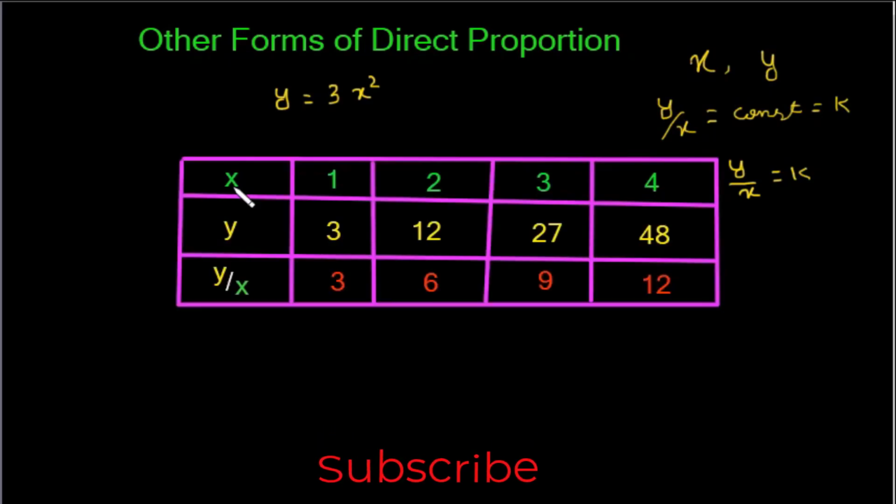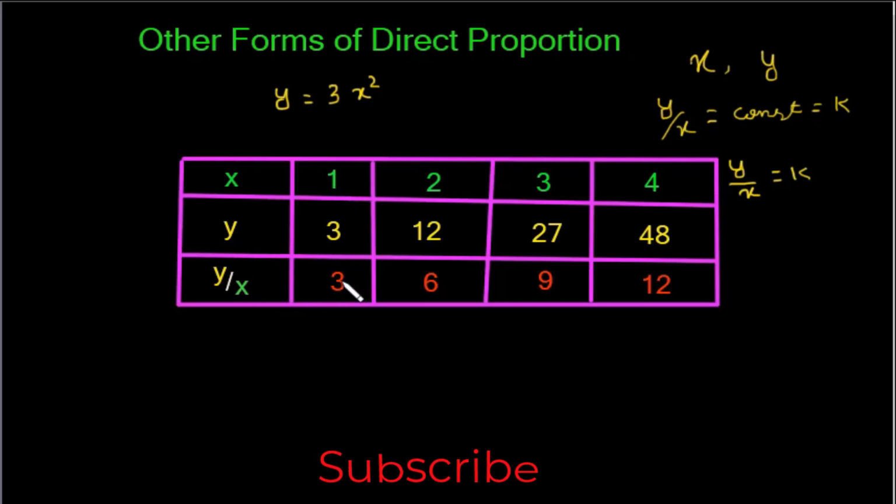This is the table where this row belongs to x, this row belongs to y for this equation, and this row belongs to y by x. When we substitute x equal to 1 into this equation, it returns 3, when we substitute 2 it returns 12, for 3 it results in 27, and for 4 it gives 48. This row is y divided by x.